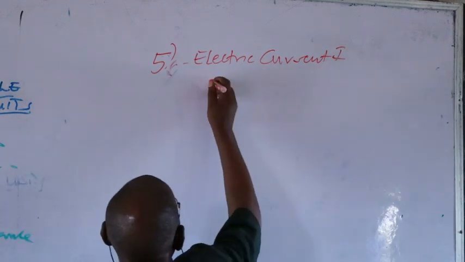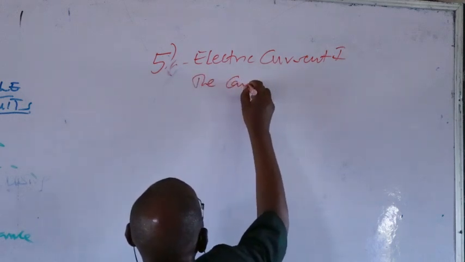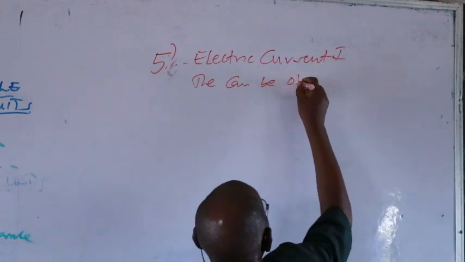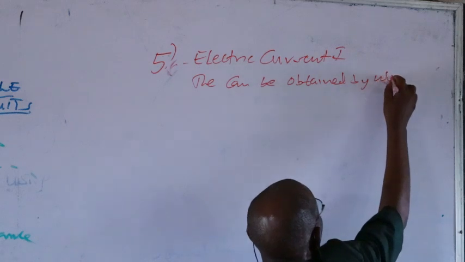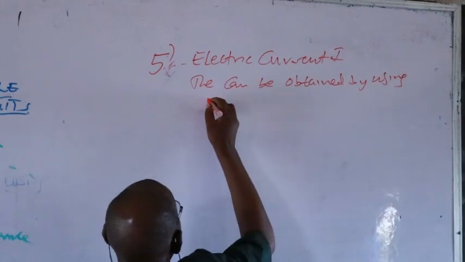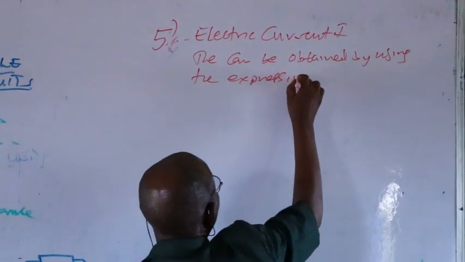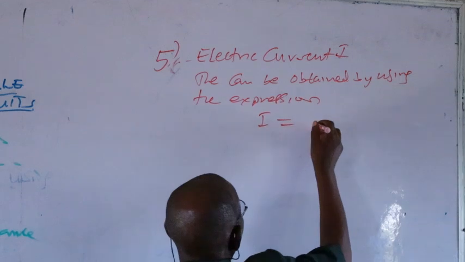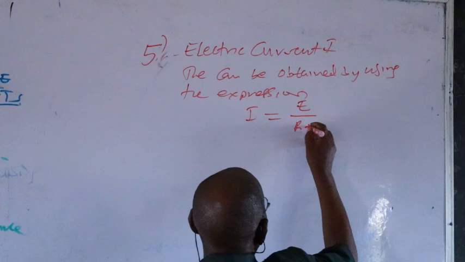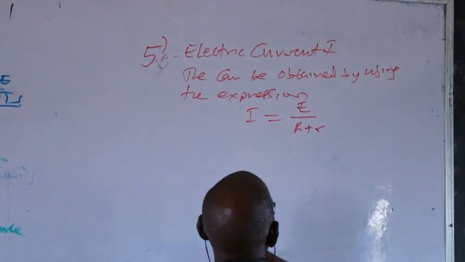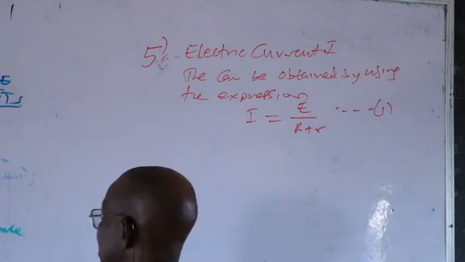I, electric current, can be obtained by using the expression I equals E all over R plus internal resistance. That is 1. Electric current.